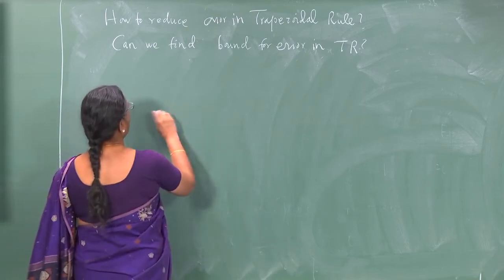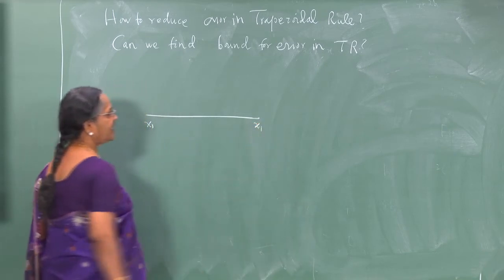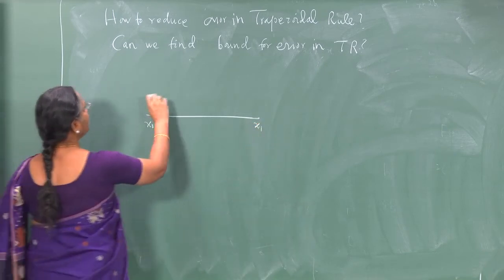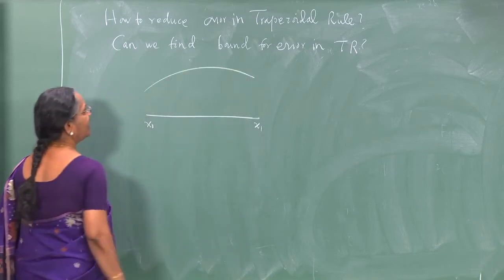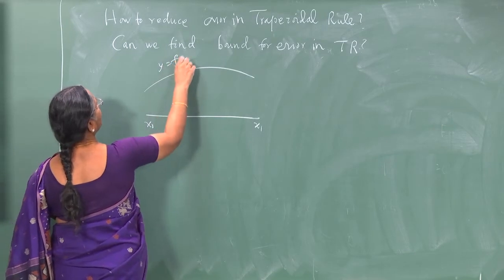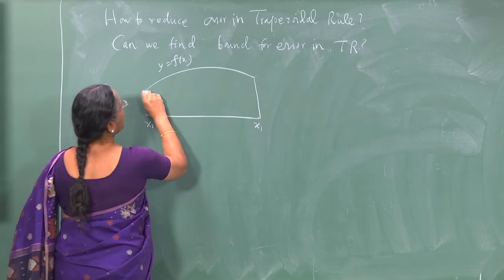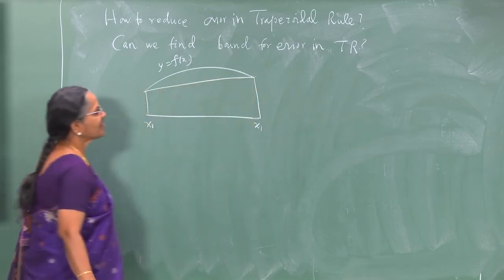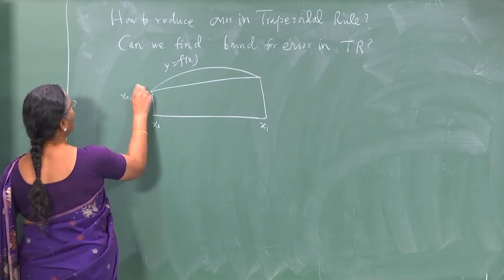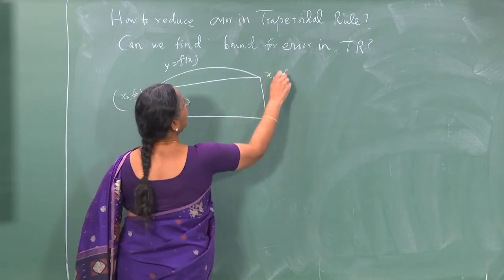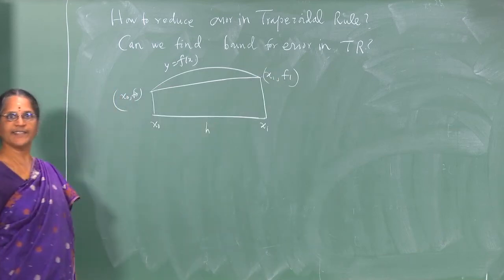So, what did we do in trapezoidal rule? We evaluated the integral of the function f of x over this interval x naught to x1 by approximating the function by means of a straight line passing through the points x naught, f naught and x1, f1, and h was the step size, which is x1 minus x naught.